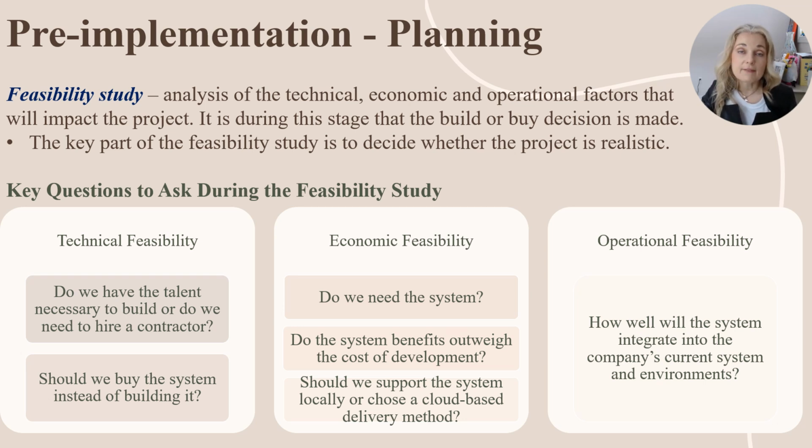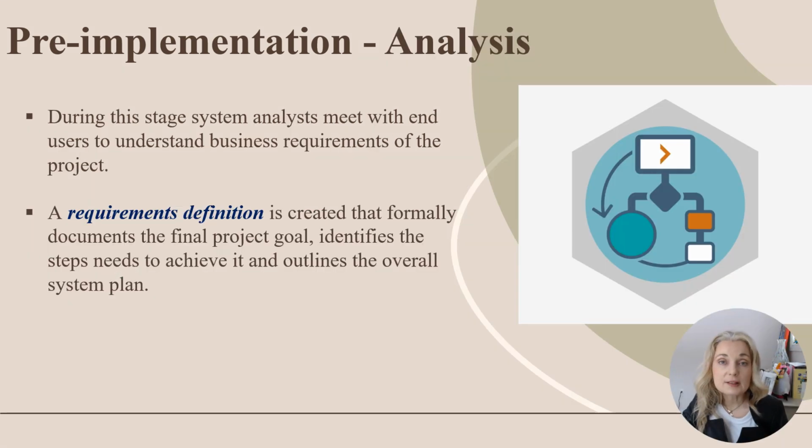And then we have the operational feasibility component that looks at how well the system will integrate into the company's current systems and environments. We looked at the planning phase. Now we're going to move on to the analysis phase. So during this stage, system analysts meet with end users to understand business requirements of the project.